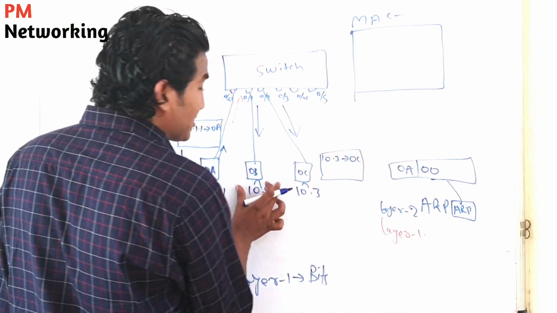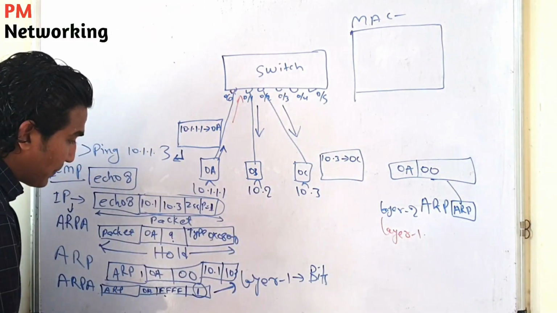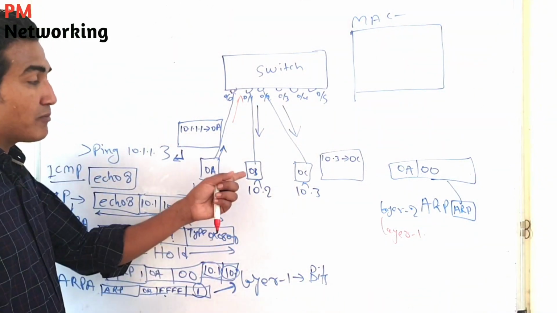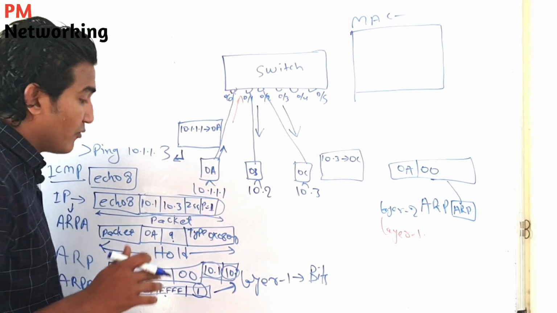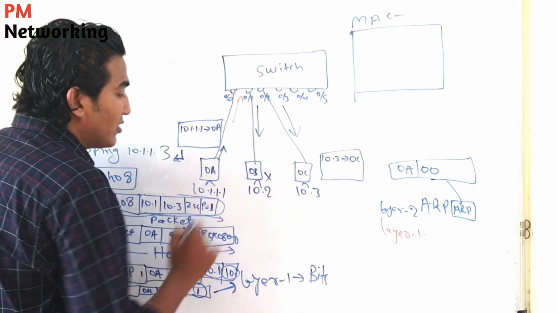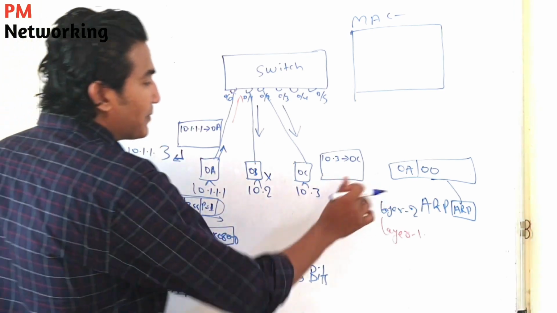So this PC will check source IP is 10.1 and destination IP is 10.3. That means this PC will come to know this is not for me, because the destination IP address is 10.3. So this PC will drop this ARP request.